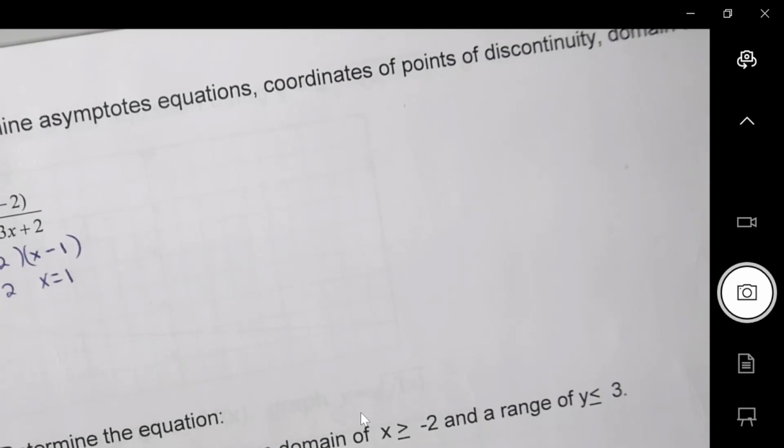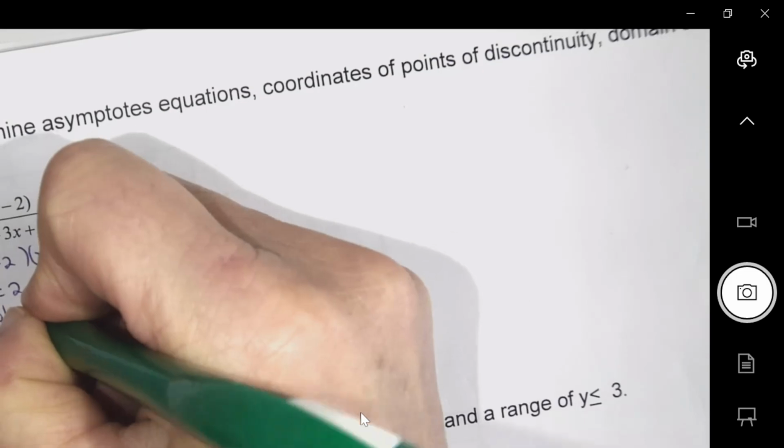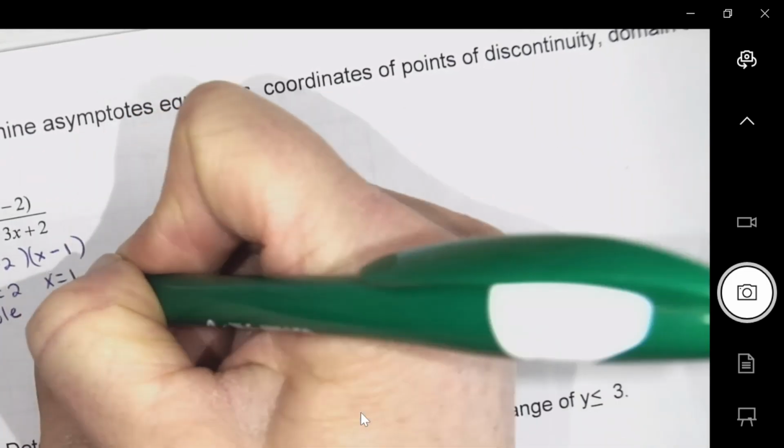Okay, once I factored it, my non-permitted values were 2 and 1. But this one would cancel, so I'm going to write, there'd be a hole there, and I'm going to write VA there.